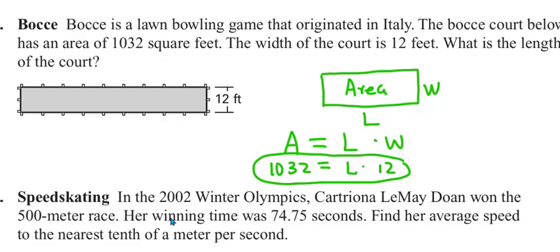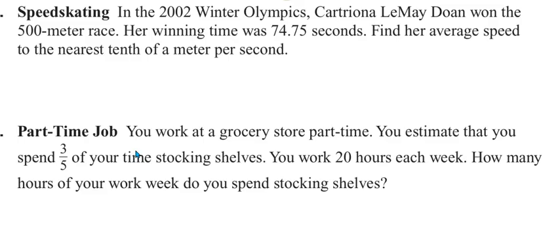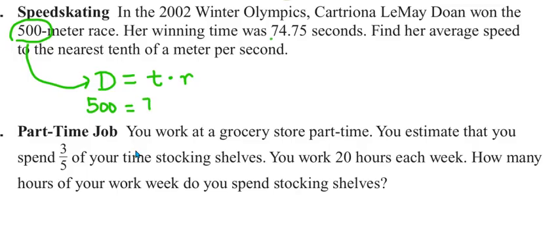Speed skating. This is our mostly practiced question: distance equals time times speed. Speed is a rate question. Now, do we know the distance? It's right here, so we plug it in. Distance, 500 meters. And do we know the time? Yes, time is here.